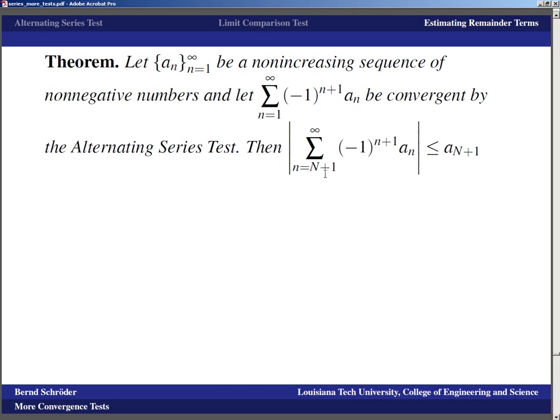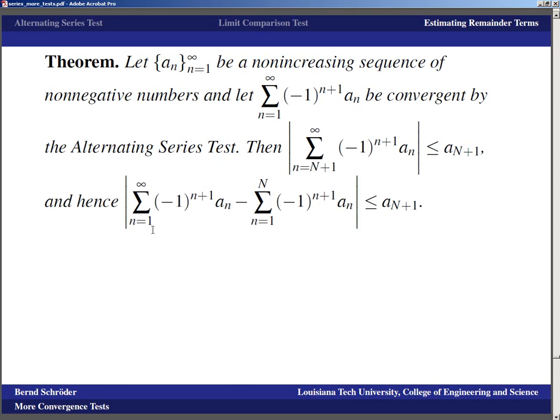Then the sum n equals capital N plus 1 to infinity, negative 1 to the n plus 1 times a sub n, this remainder term, is less than or equal to a sub capital N plus 1, which means that the difference between the overall value of the series, which is the infinite sum, and the capital Nth partial sum is actually less than or equal to a sub capital N plus 1.